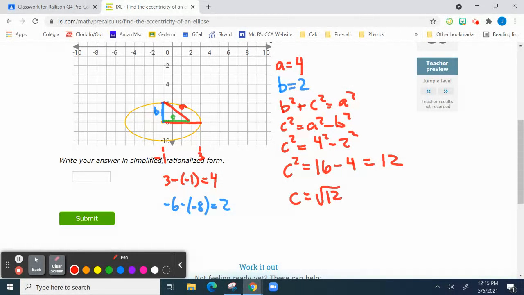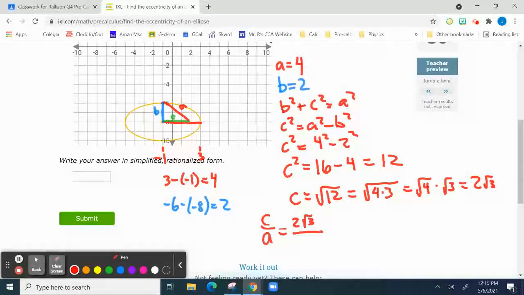Is that reducible? Yes, it is, because 3 times 4 is 12. So you've got the square root of 4 times 3, which equals the square root of 4 times the square root of 3, which equals 2 times the square root of 3. So that's C, and we're going to do C over A equals 2 times the square root of 3 over, what's our A? 4.